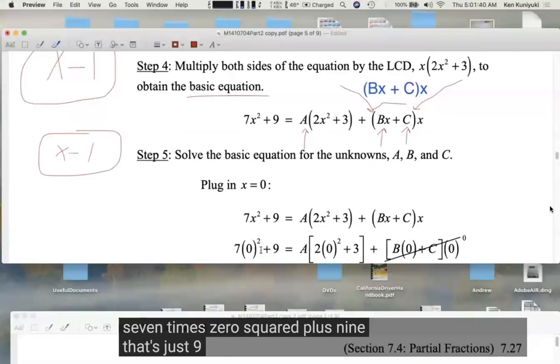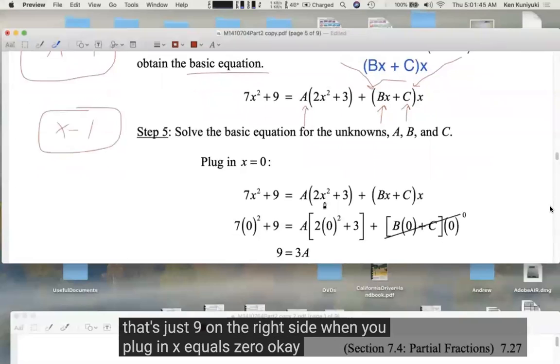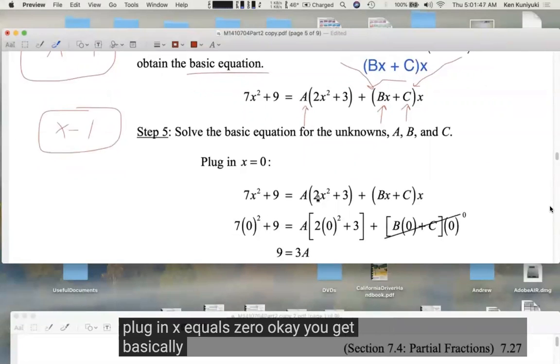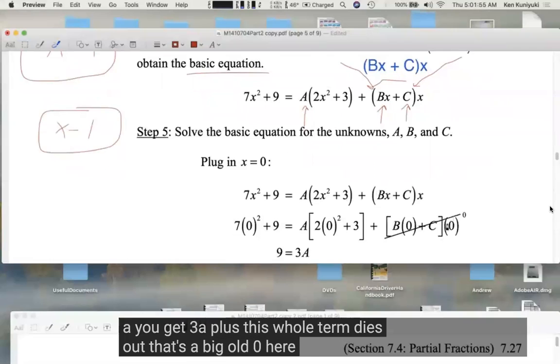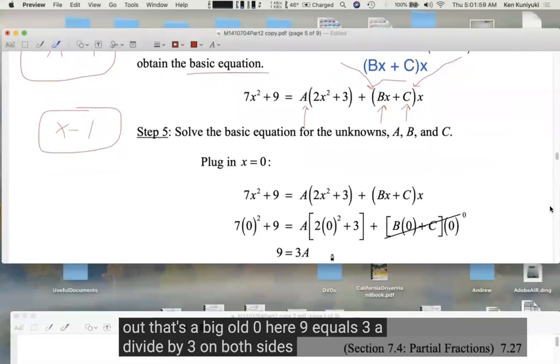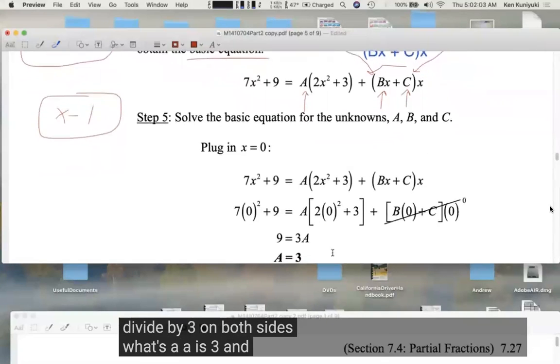That's just 9. On the right side, when you plug in x equals 0, you get 0 plus 3 is 3, and that's times a. You get 3a, plus this whole term dies out. That's a big old 0 here. 9 equals 3a. Divide by 3 on both sides. What's a? A is 3.